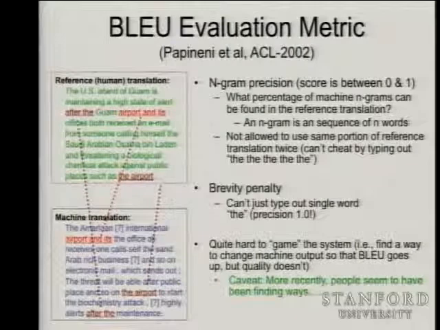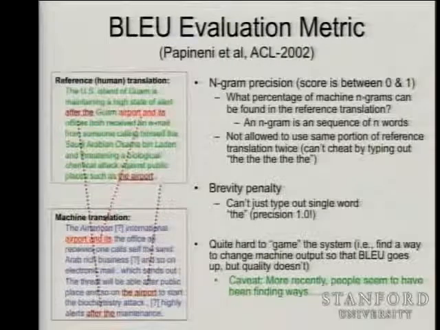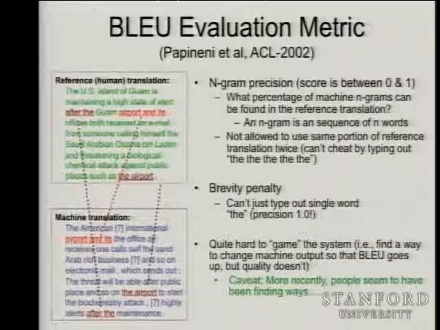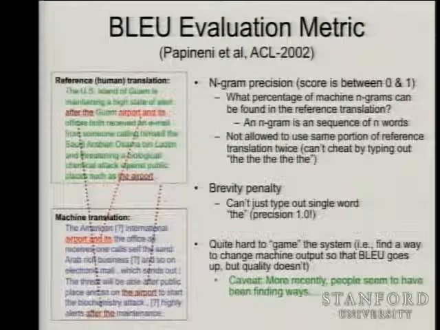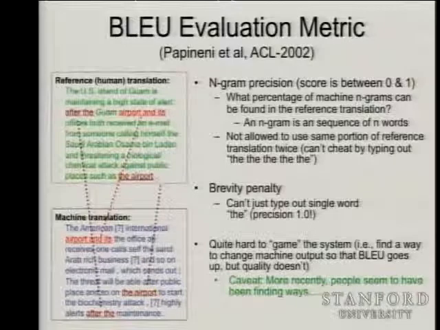Okay, and then I give this sort of mixed evaluation here. The initial claims from IBM and some of the initial results were that once you put in the brevity penalty, the BLEU measure was hard to game. That is, if you do things that improve your BLEU score, those genuinely are improving the performance of your machine translation system as evaluated by humans.